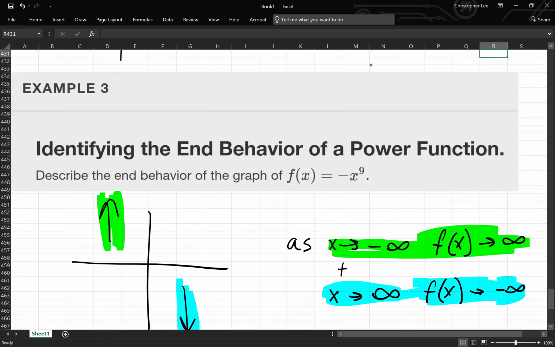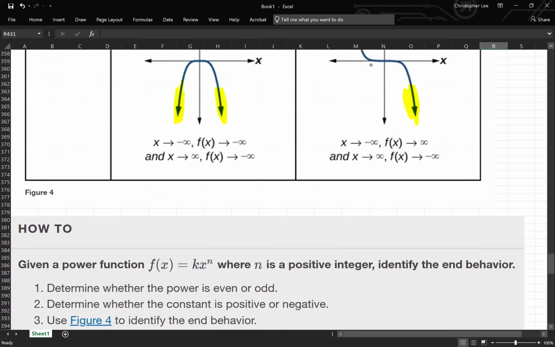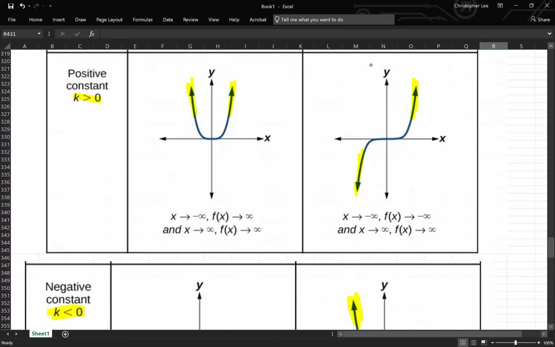I'll show you. So that's this one. The second one right here. So we good?